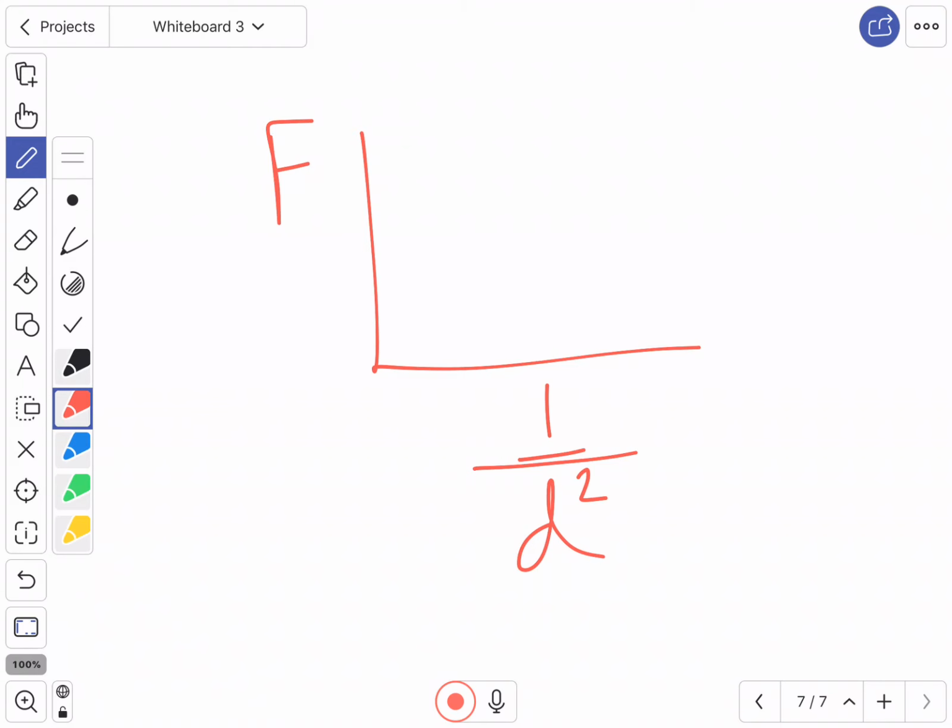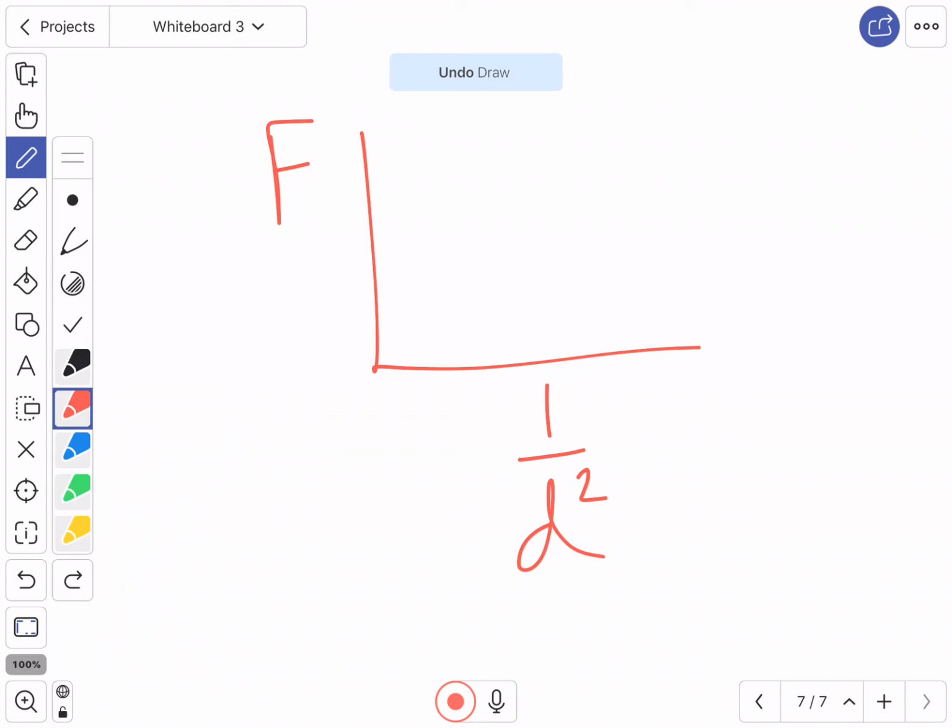Right? And so now have Google Sheets take 1 over d. So if you already have 1 over d, now create 1 over d squared. And we're not squaring this, right? We're squaring the d in 1 over d squared, okay?